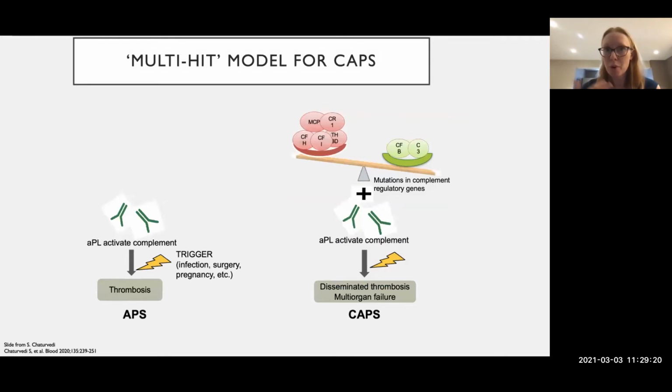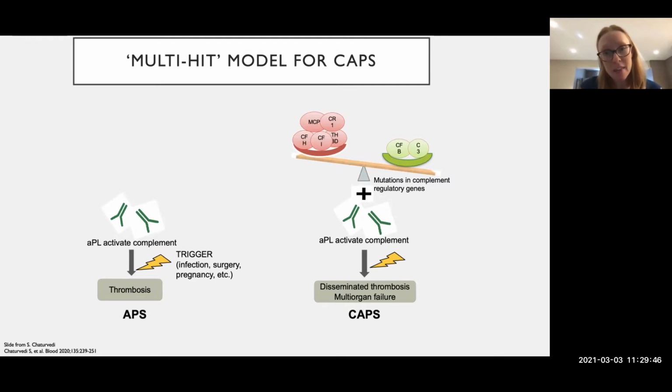So really proposing from the Johns Hopkins group a multi-hit model for catastrophic APS and for APS. If you have antibodies that could activate complement, and then you may have an added trigger like pregnancy, infection, surgery, that could then trigger or lead to something like thrombosis.